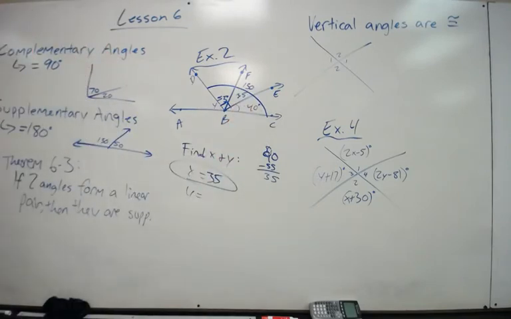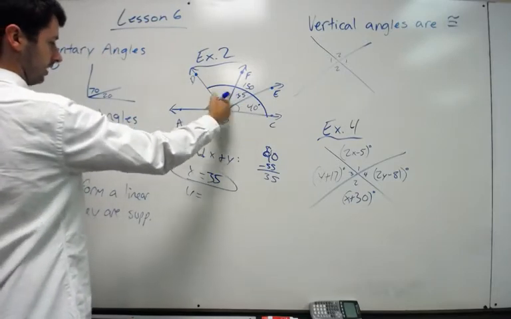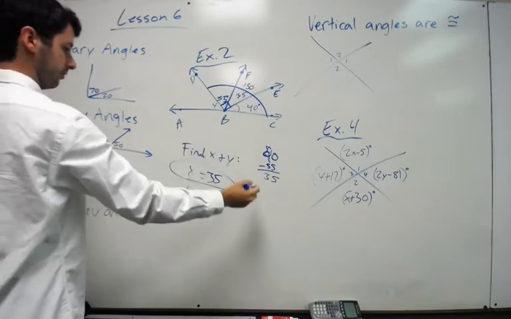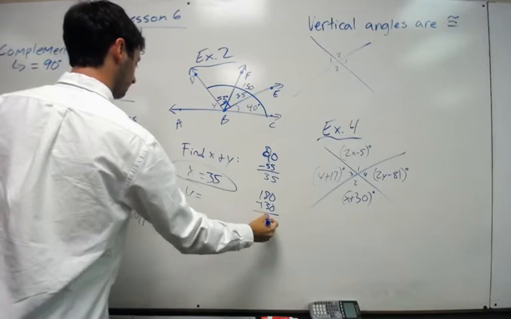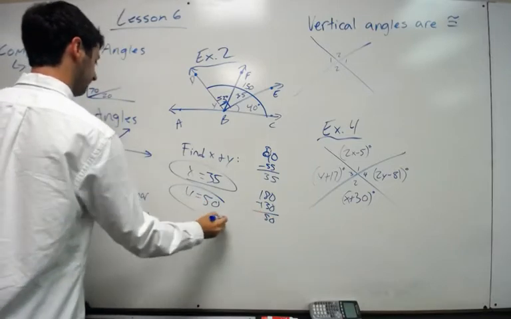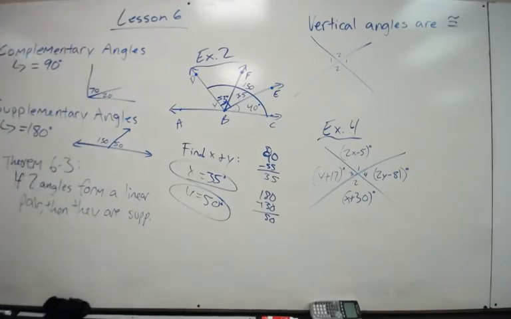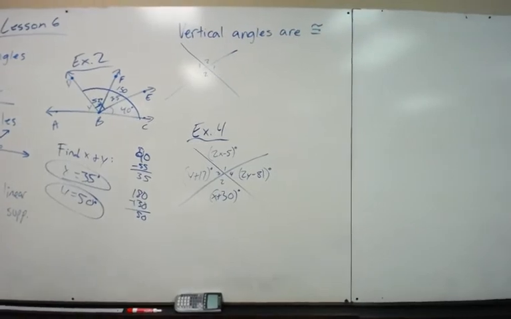So if those are all 130 degrees, that makes this broad angle here supplementary with y. So we subtract 180 minus 130 and find y to be 50 degrees. So that is example 2. Pretty basic, pretty easy math.